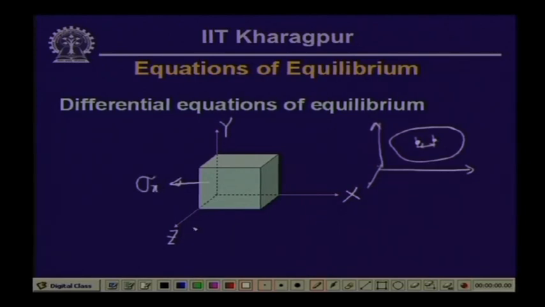We have the two shearing stress components: the x plane acting in the y direction, which we call tau x y, and the stress in the x plane in the z direction, which we call tau x z.